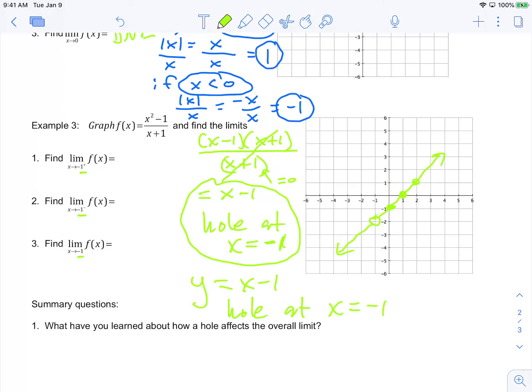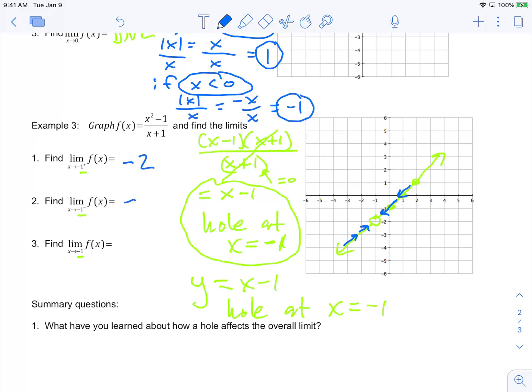And so now if I look at this picture here, for part 1, we're looking at the limit from the right side. So we're approaching from this direction, and you can see we're heading towards a value of y equals -2. If I approach from the left side, that's no different.